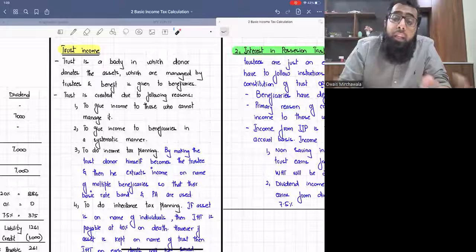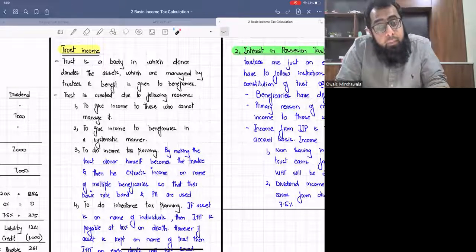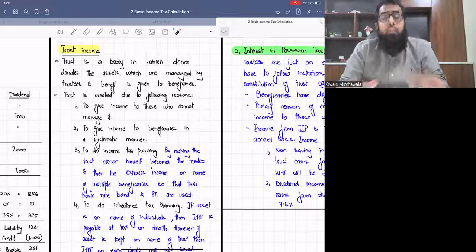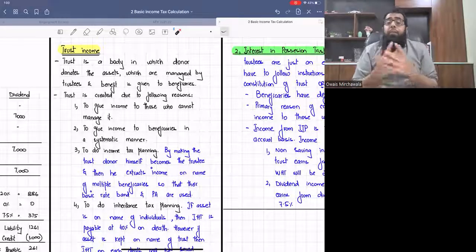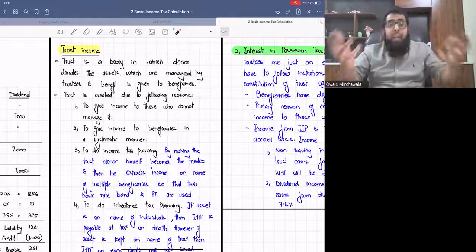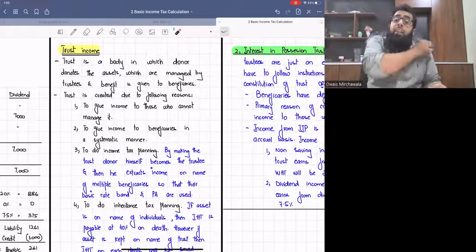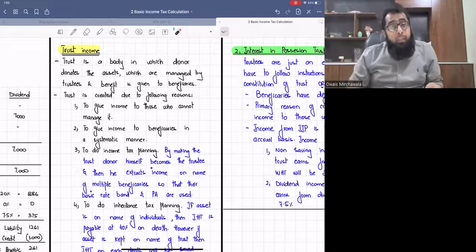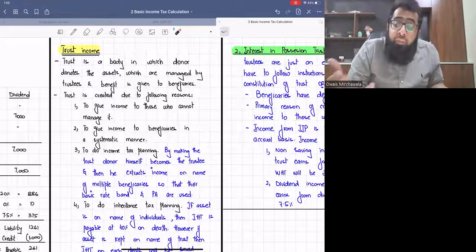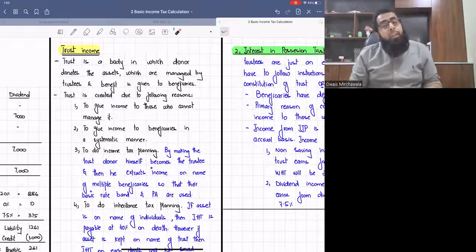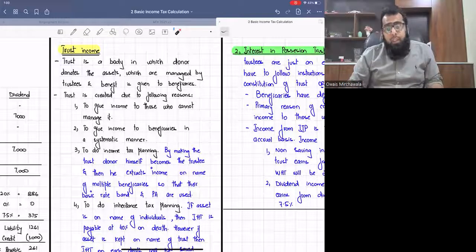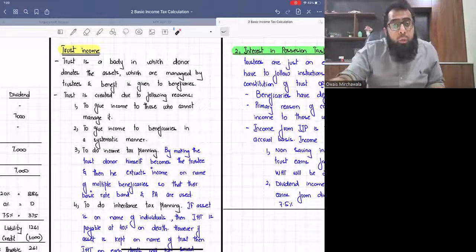Now you must be thinking, why do people create a trust? So trusts are created for multiple reasons. For example, if someone is dying, his death is near, and he has a very big business. He feels that the beneficiaries will not be able to manage that business, so he will create a trust. He will give the assets to the trust.